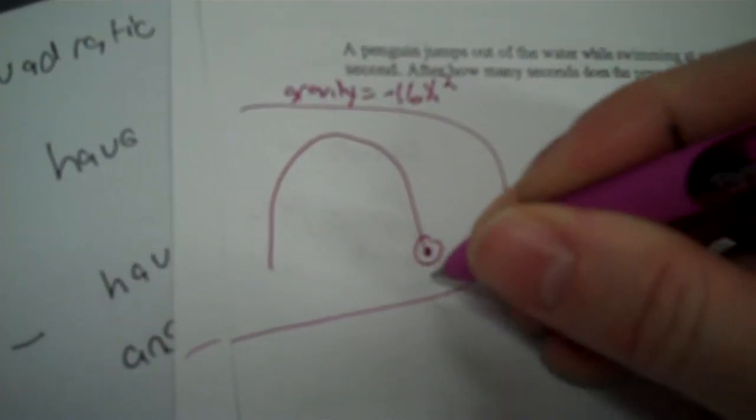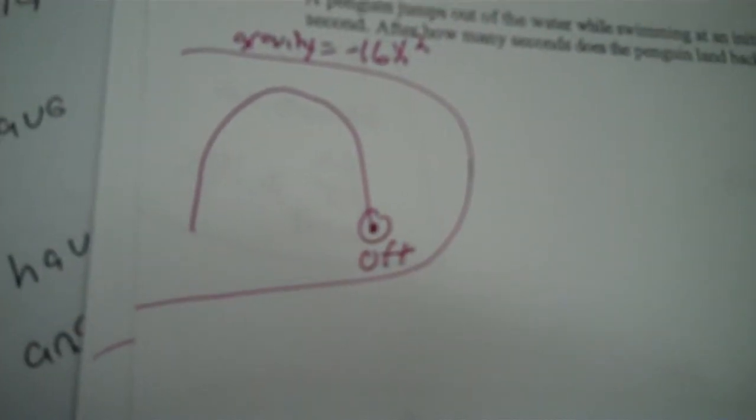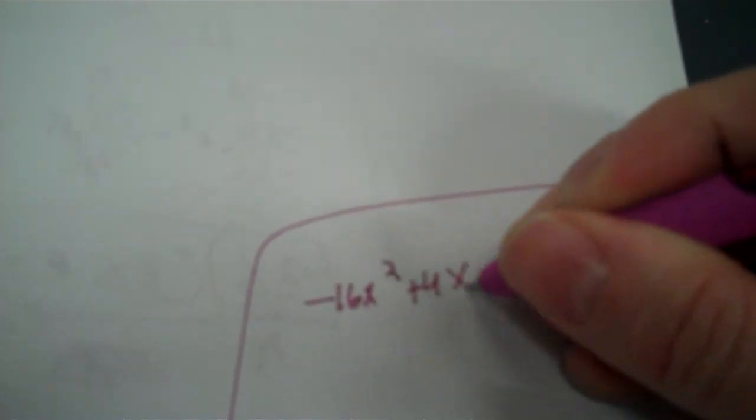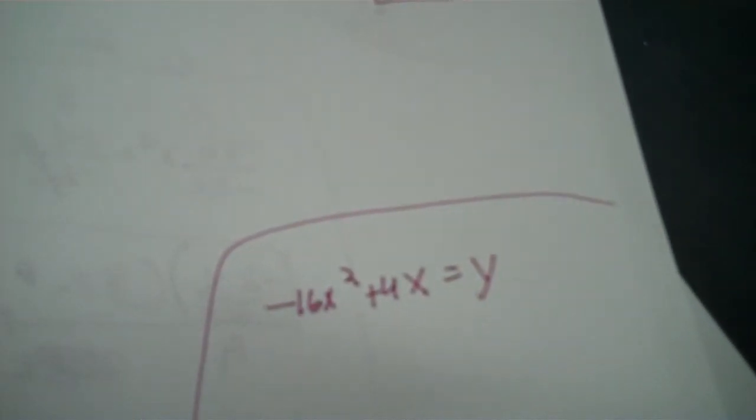And he's always going to land at 0 feet. Okay. Eventually hits water, the ground, whatever. Now, line up. You're going to have negative 16x to the second plus 4x equals y, okay? But you are going to put 0 feet in for the y.